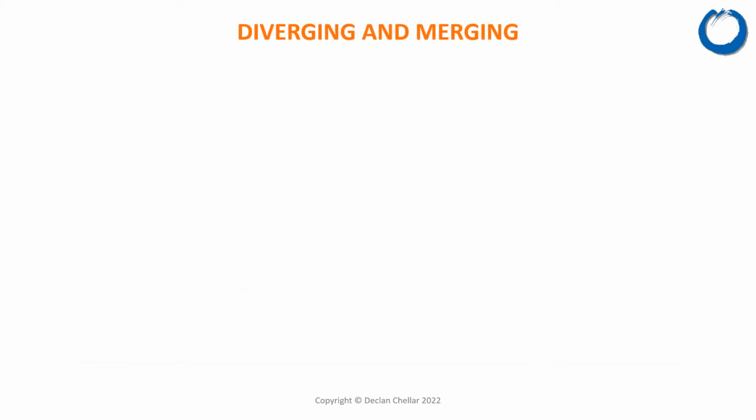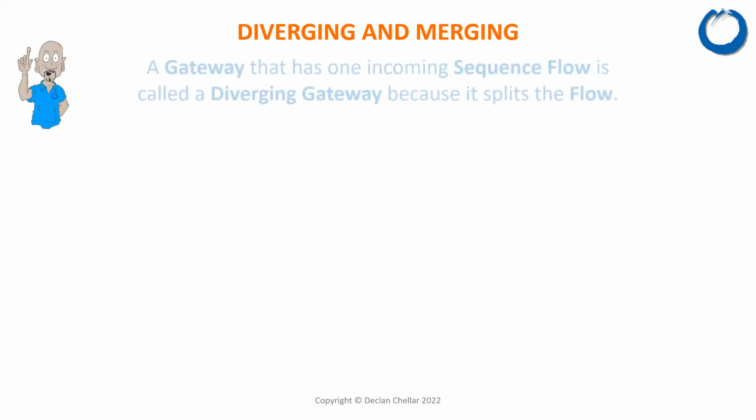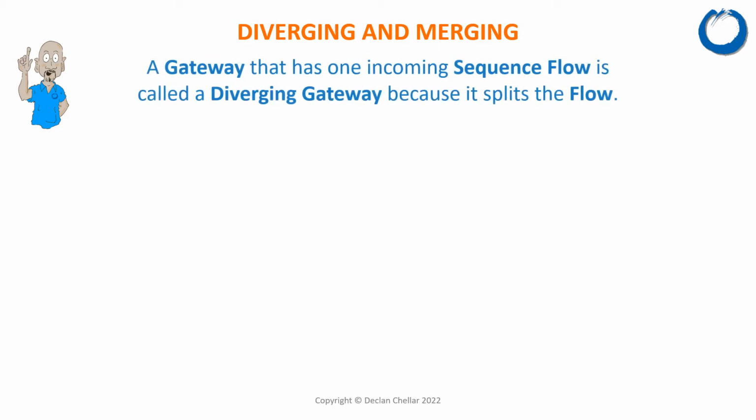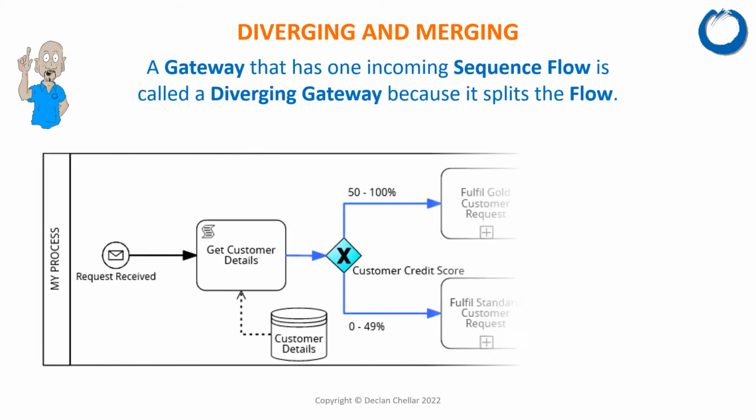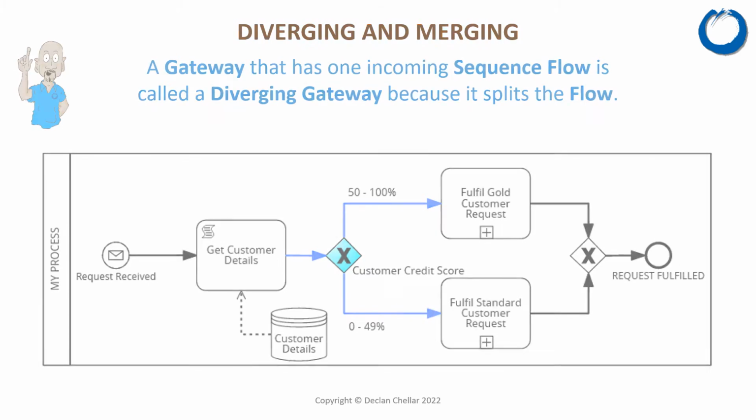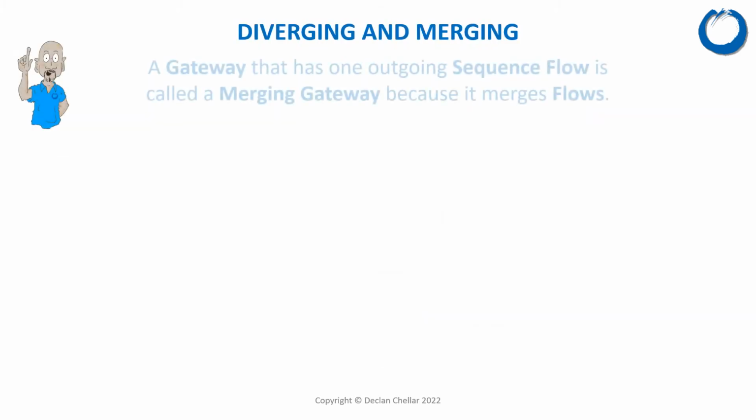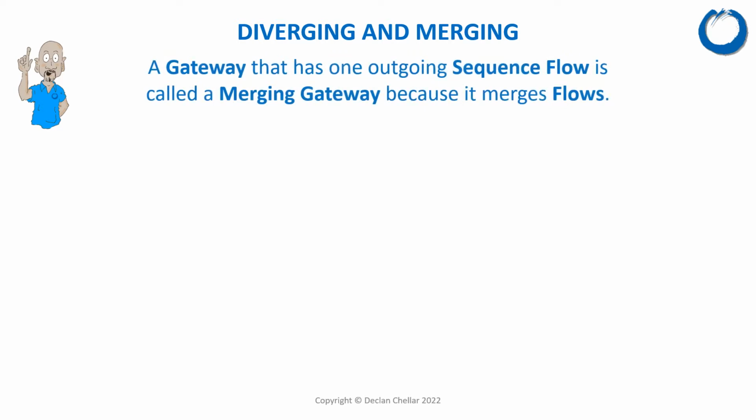Diverging and merging. A gateway that has one incoming sequence flow is called a diverging gateway because it splits the flow. A gateway that has one outgoing sequence flow is called a merging gateway because it merges flows.